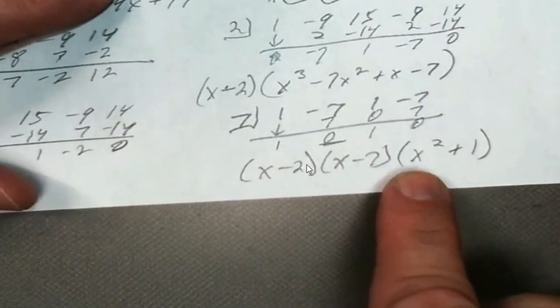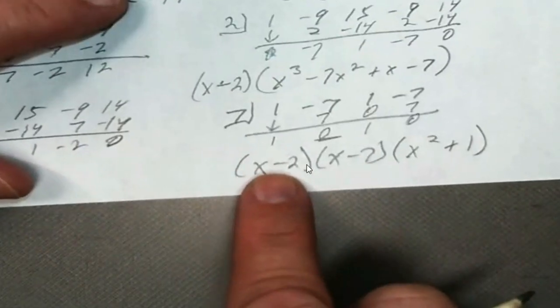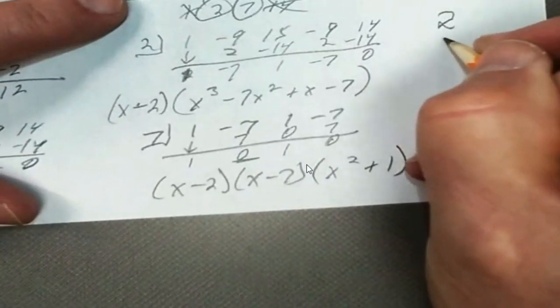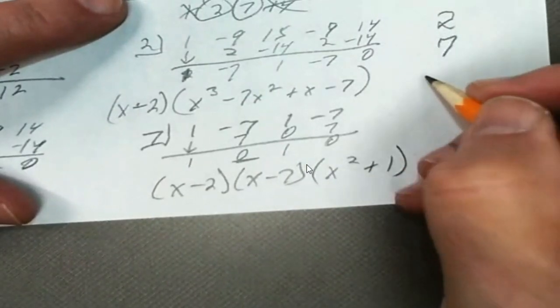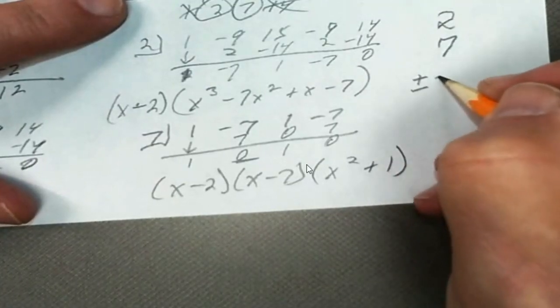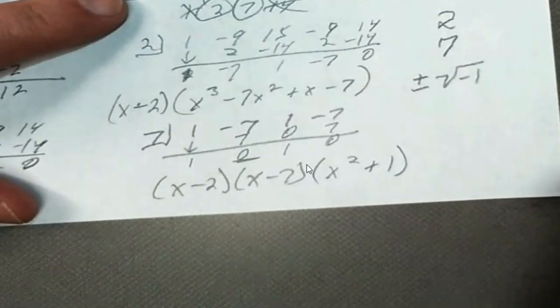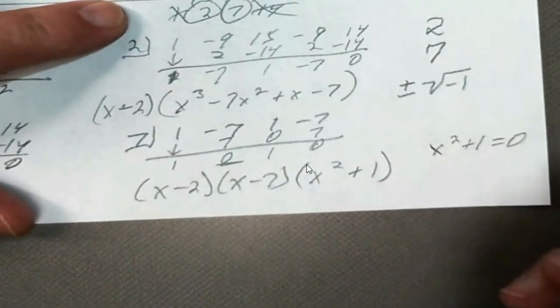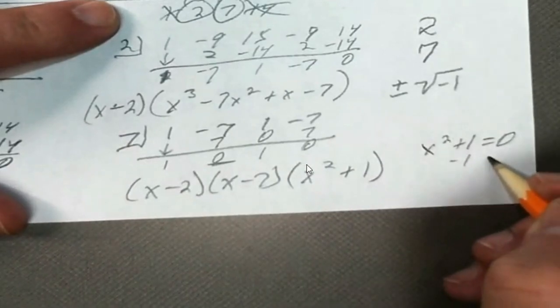So if the factors are x minus 2, x minus 7, and x squared plus 1, then our solutions are 2, 7, and plus or minus the square root of negative 1. Because x squared plus 1, if we solve that, you have to take 1 to the other side.